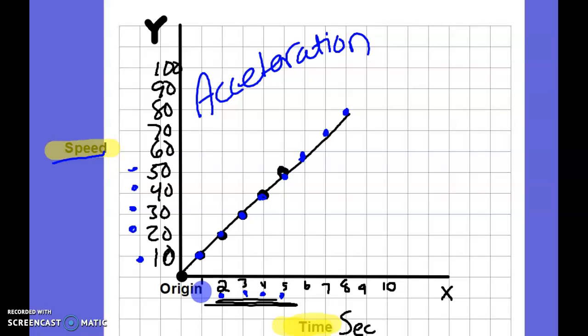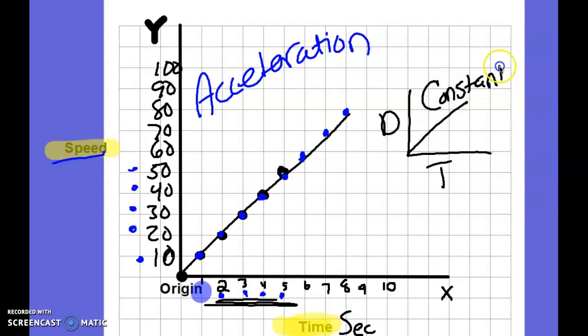So again, we have to be very careful. We have two graphs. On the distance time graph, this is constant speed. But on the speed time graph, this is acceleration.